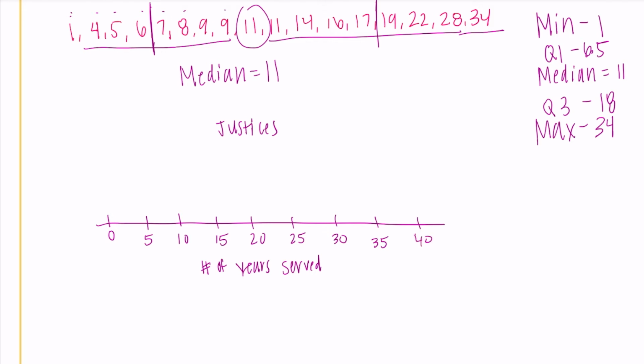Okay, so our median is 11. Our quartile 3 was 18. And quartile 1 was 6.5. So over here, let's make a rectangle. And our max is 34. So up there, and our minimum is 1.